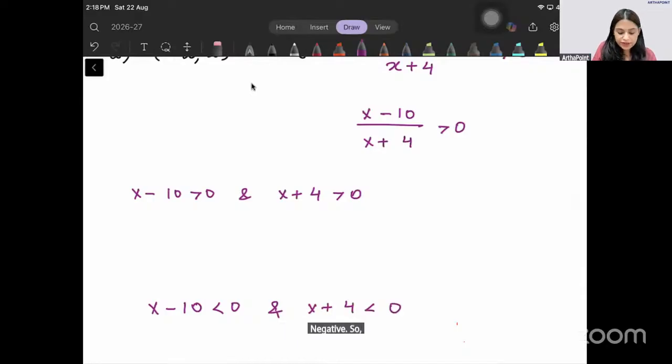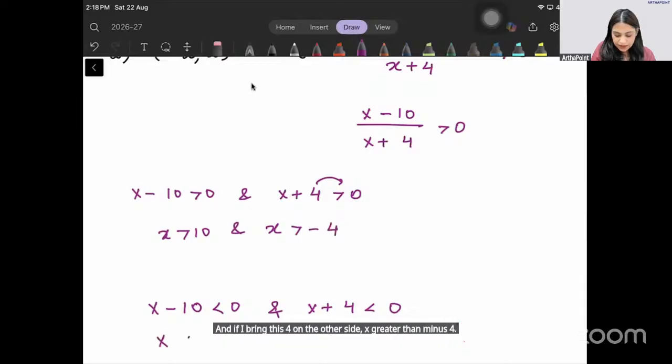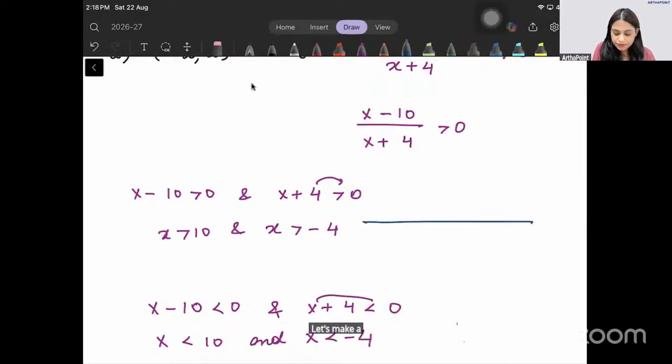So what will we go ahead and get? x greater than 10, and if I bring this 4 on the other side, x greater than minus 4. x less than 10, and if I bring this on the other side, x less than minus 4. Let's make a number line. 0, 1, 2, 3, 4, minus 1, minus 2, minus 3, minus 4. x greater than minus 4 means all these values.